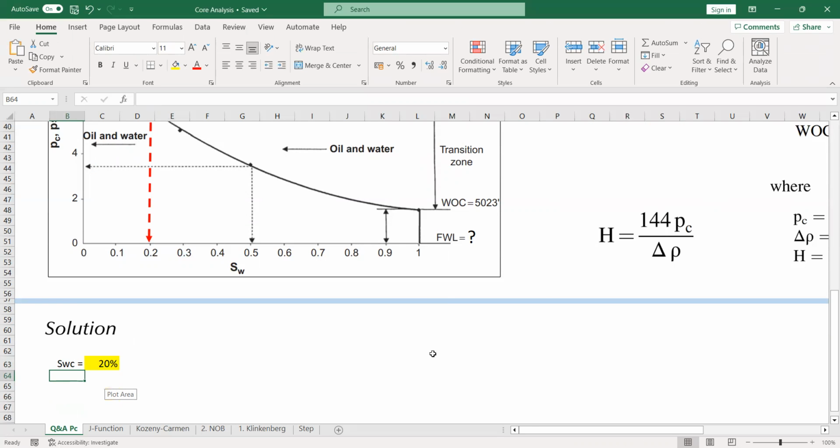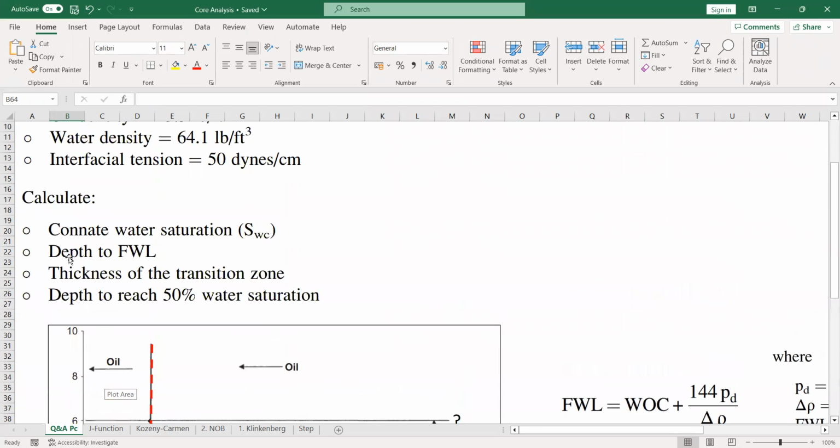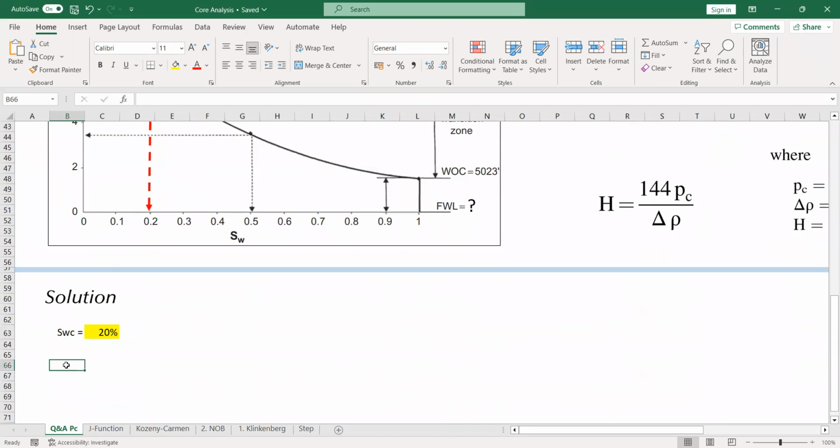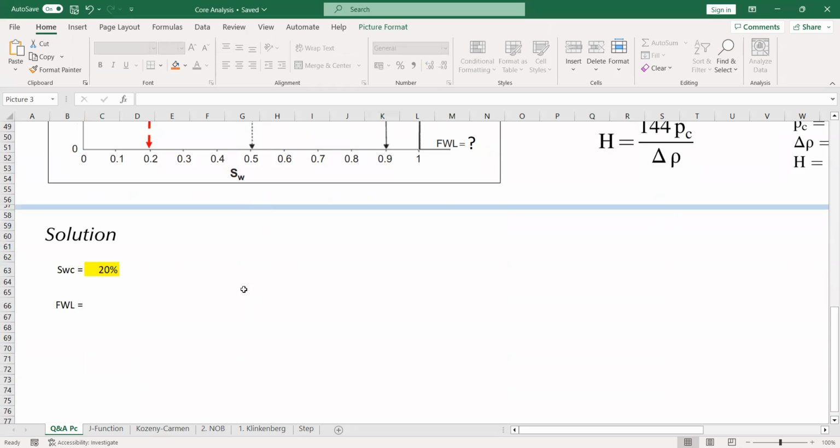And then the second thing is, of course, the free water level, FWL, right? Okay, so we are going to use this formula.